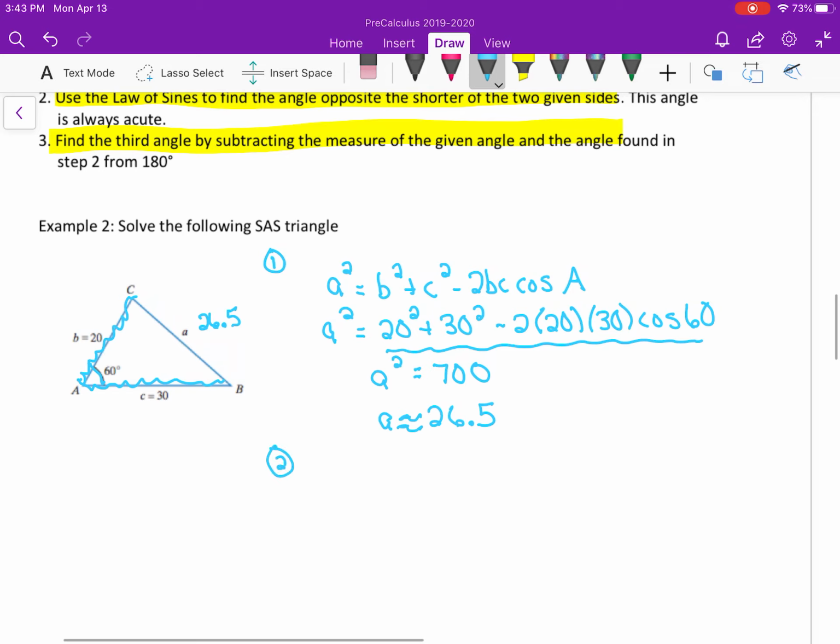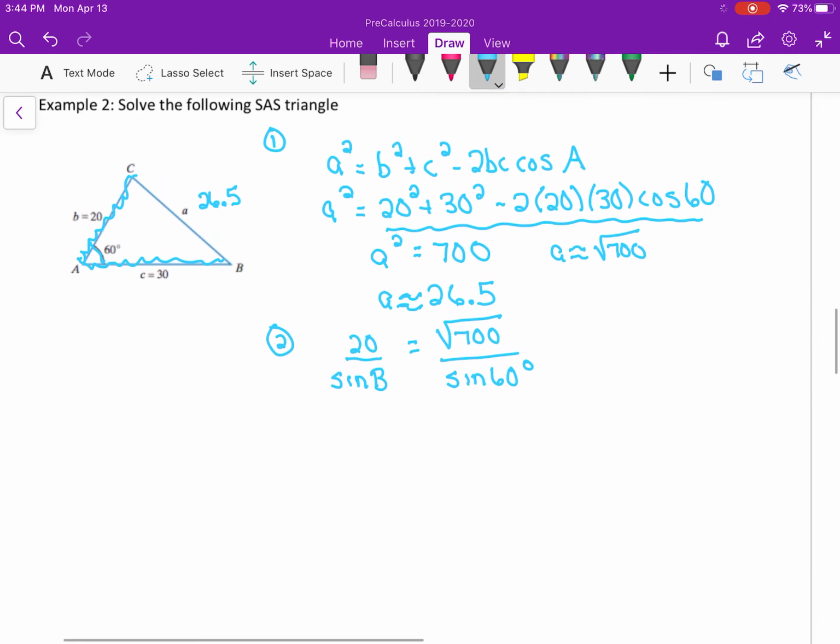Step 2 will be to use the law of sines to figure out what we need next. So if we want to find, let's say, angle B, we can do side B, which is 20, over sine of B, equals, we're going to leave it as square root of 700, which is how we got A. A equals square root of 700, because that's just a more exact value and it's not rounded, over sine of 60 degrees.